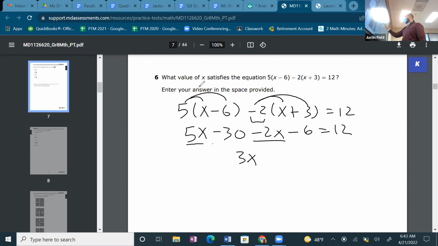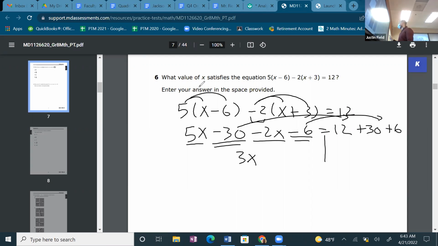And then in my class, we always like to take the numeric terms and move them all to the right side. And when they go over the equal sign, over the line, we change the sign. So that -30 on the other side would become +30. And then -6 would become +6.